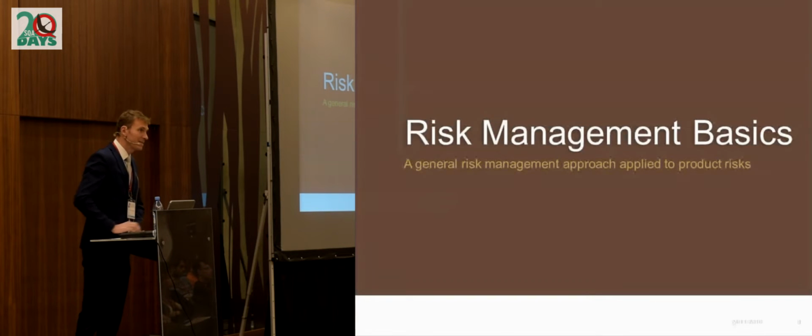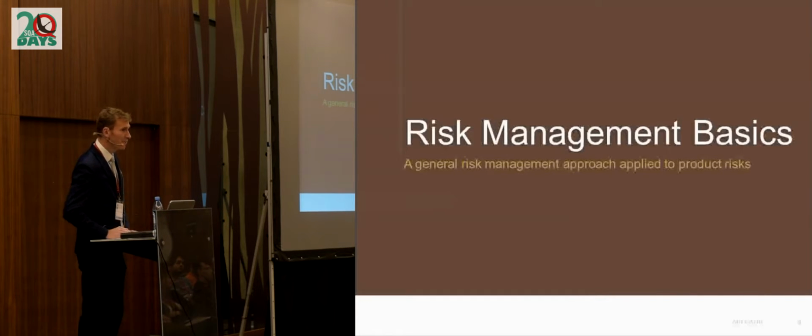So, regarding this risk management process, as I said before, I will start with the basic approach. You may know it. You may not know it, so it will be a quick overview of the process. And then I will come back to the main steps and show you how we can go further with the risk-based testing.